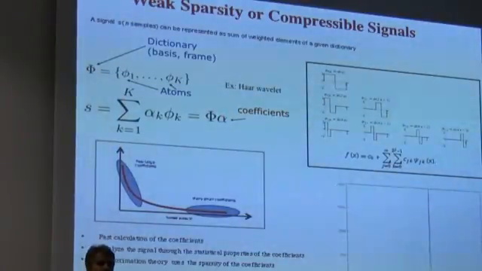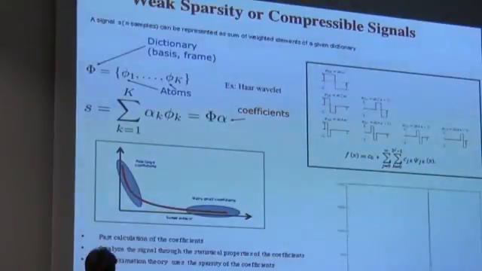If phi is a Fourier transform, alpha is a Fourier coefficient. In the case of the Fourier transform it's very easy because you have a fast transform which goes from S to alpha, and from alpha to S with an inverse Fourier transform. But you can have other dictionaries; wavelets are quite well known, so you can have a wavelet dictionary.